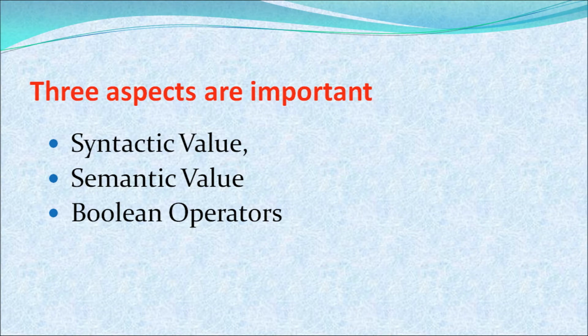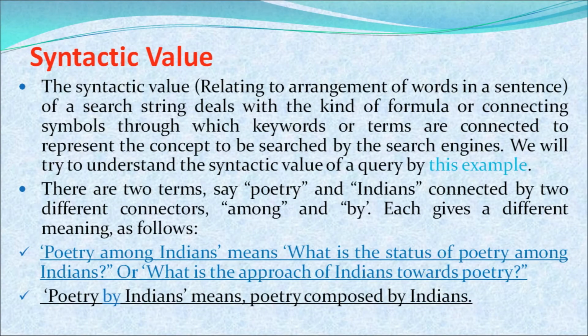Now we come to the syntactic value. Syntactic value relates to the arrangement of words in a sentence or search string. It deals with the kind of formula or connecting symbols through which keywords or terms are connected to represent the concept to be searched by the search engine.